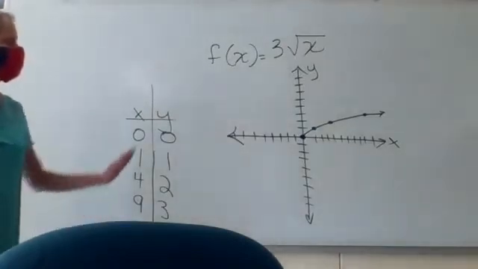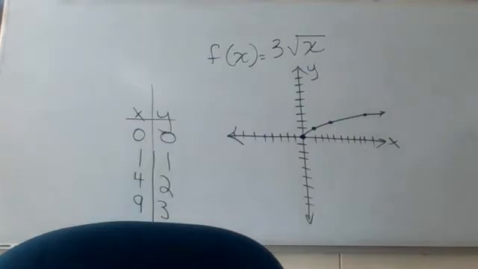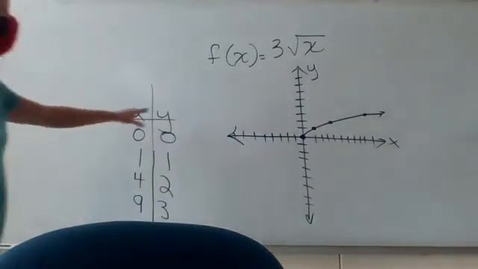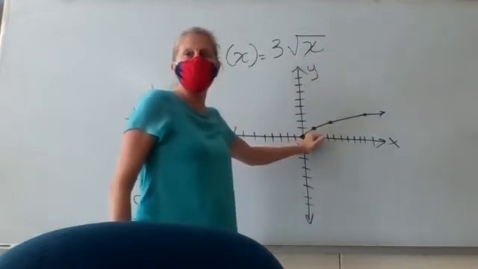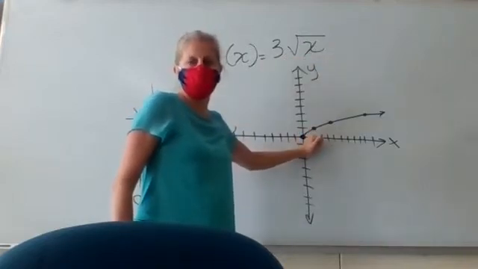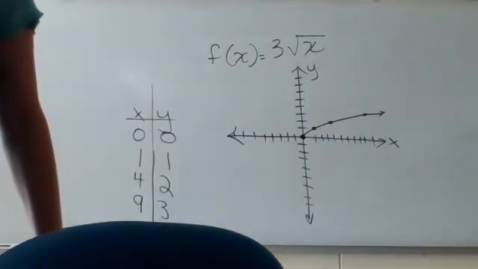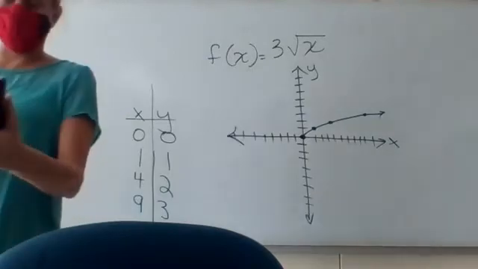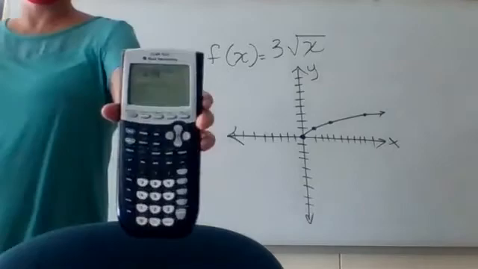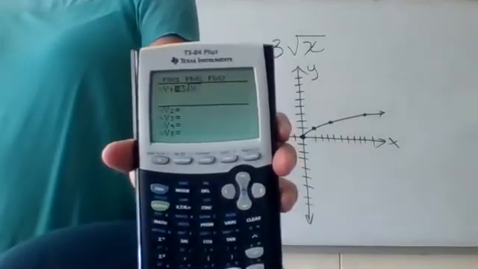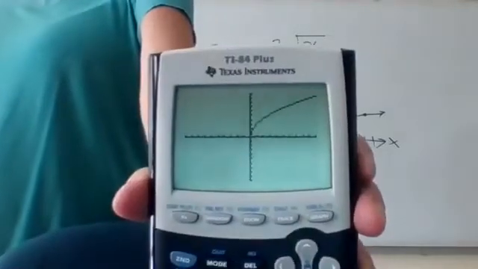So I'm going to leave the original square root graph up there, and then I'm going to plot points from this graph to see how it is compared to this. So I'm going to go to my y equals, clear it out, and type in 3 second square root x. Graph it. So you see how it's a little steeper.